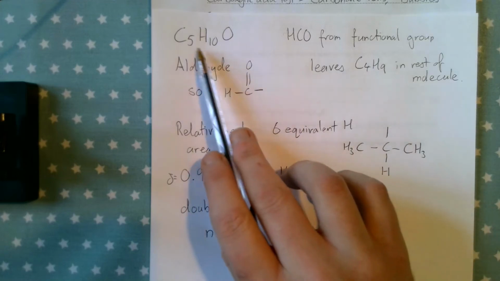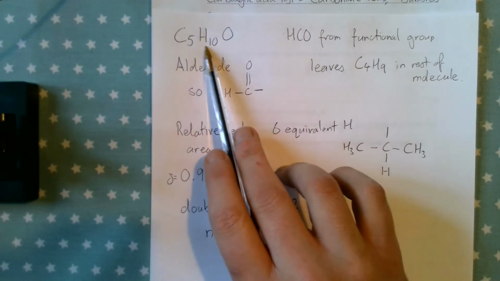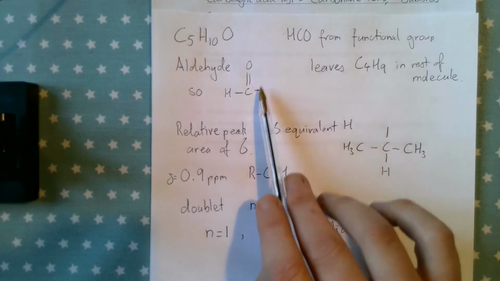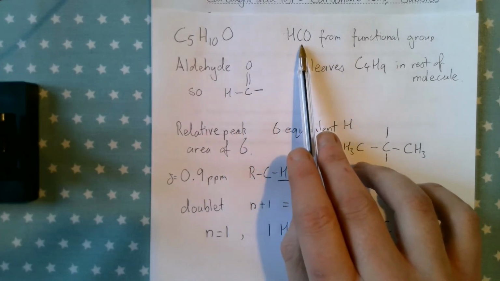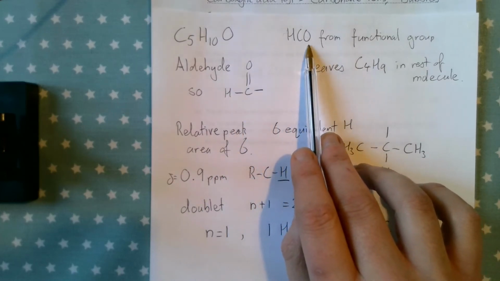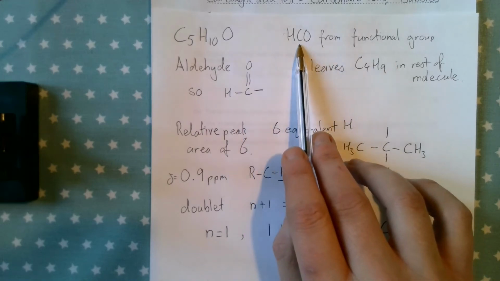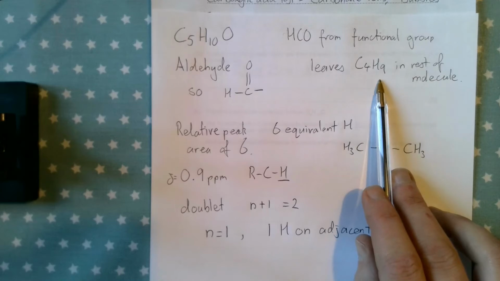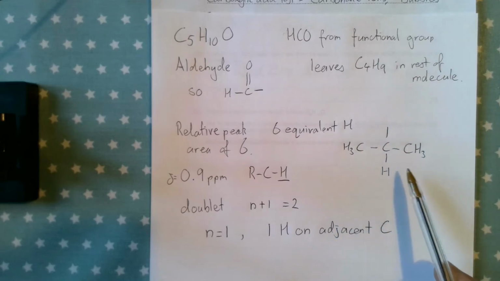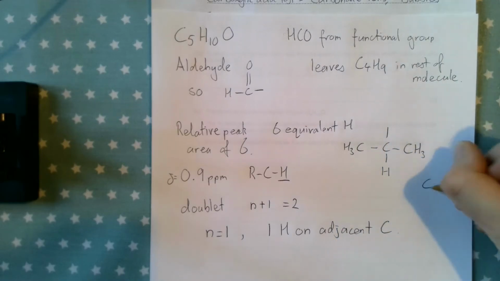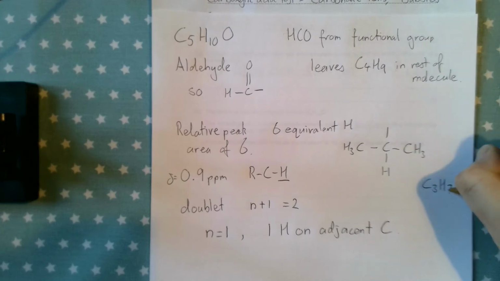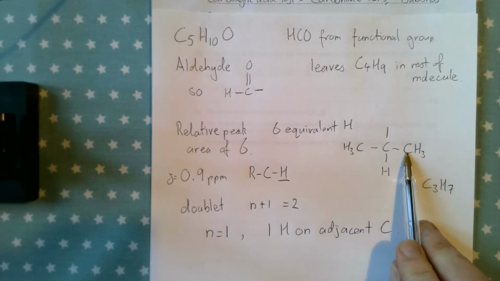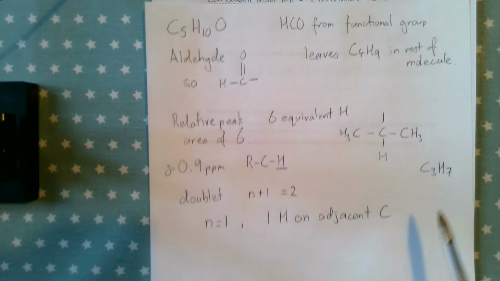If we have a look up here, we know that the aldehyde's formula is C5H10O. The functional group gives us 1 hydrogen, 1 carbon and 1 oxygen. So you always want to be subtracting the bits you've identified away from the total. It means we've got C4H9 in the rest of the molecule. We've just worked out here that we've got C3H7. 1, 2, 3 carbons and the 7 hydrogens.